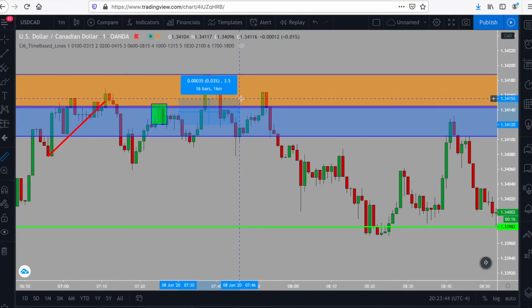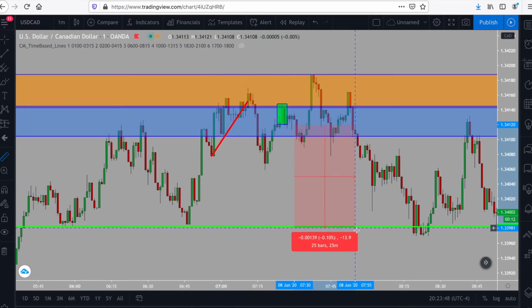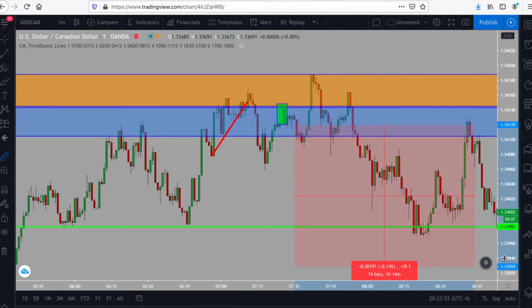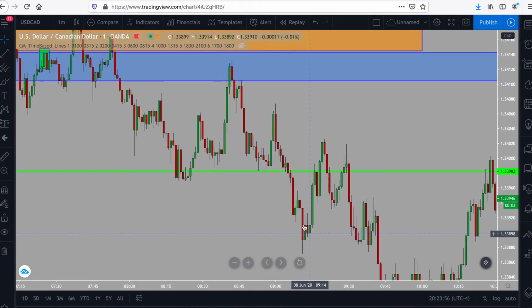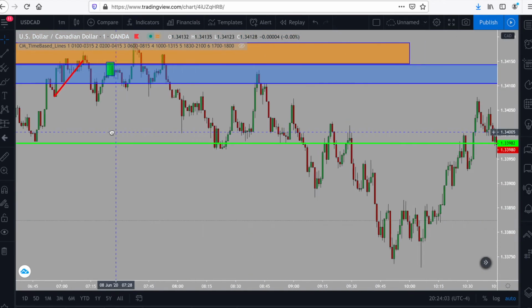And then my first target was at 20 pips, which is right here, in which price did come down that far. As you can see right here, up in this area, that was 20 pips. So yeah, that was how I got in.